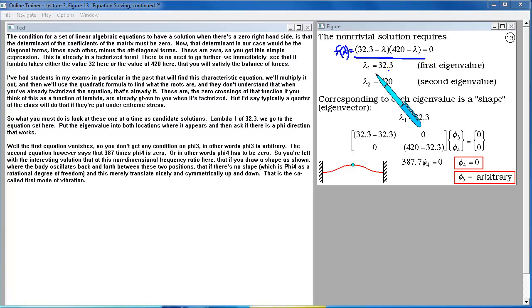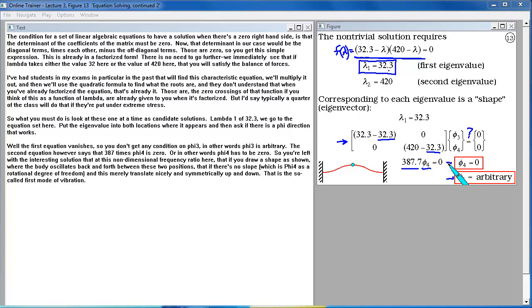So what you must do is look at these one at a time as candidate solutions. Lambda 1 of 32.3. We go to the equation set here, put the eigenvalue into both locations where it appears, and then ask if there is a phi direction that works. Well, the first equation vanishes, so you don't get any condition on phi 3. In other words, phi 3 is arbitrary. The second equation, however, says that 387 times phi 4 is 0, or in other words, phi 4 has to be 0.